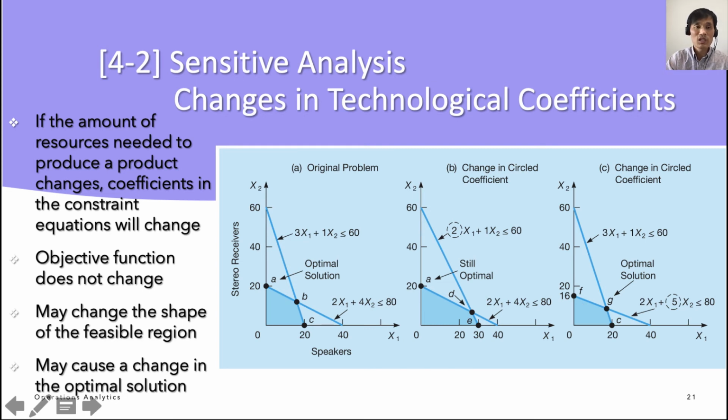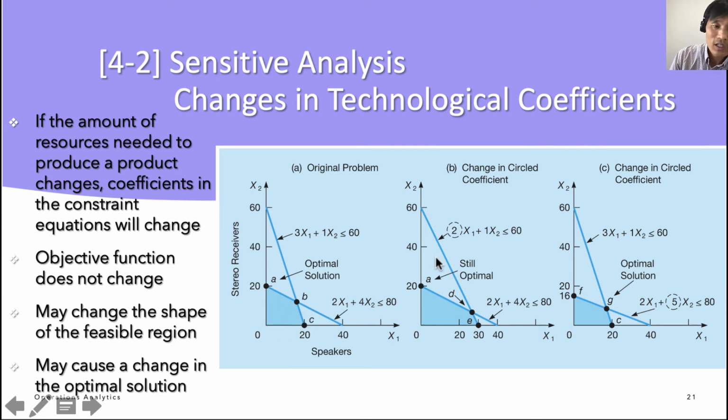So what can we find in these changes in technological coefficient? We see the objective function does not change, so we can just move the isoprofit line as it is, and it may change the shape of the feasible region, as we saw that originally it looked like that.